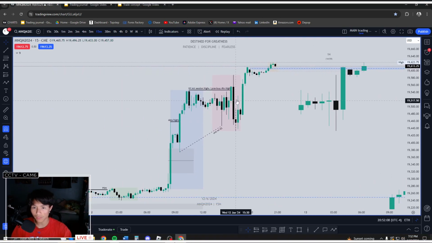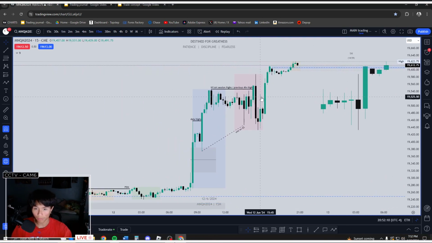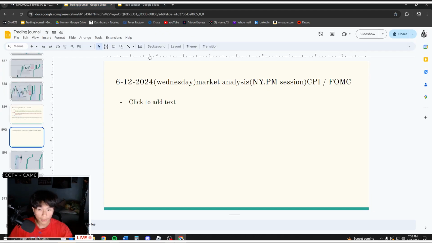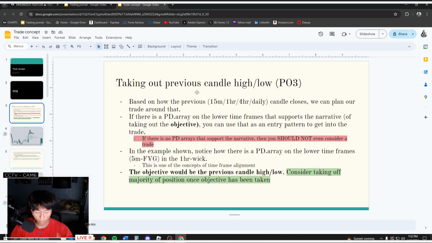It can be a 15-minute candle, a 5-minute candle, but to not crowd or make the concept too difficult for me, I just keep it at the 15-minute, 1-hour, 2-hour, and 4-hour time frames, to keep it simple and not too crowded for my head.